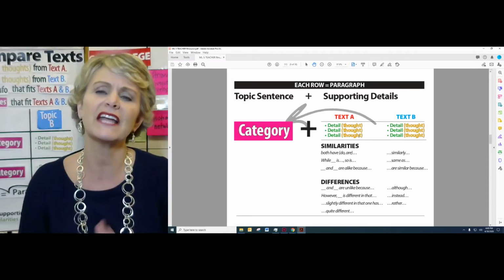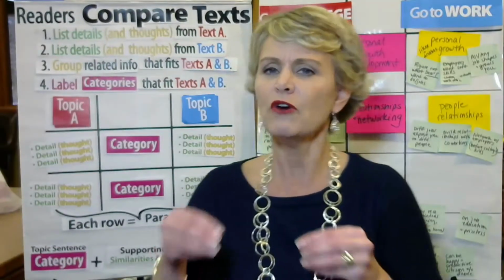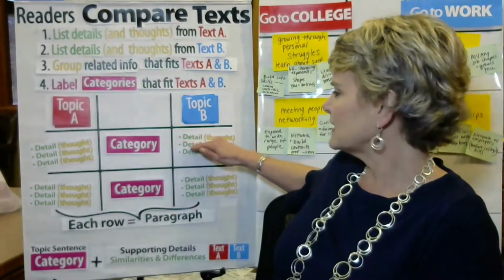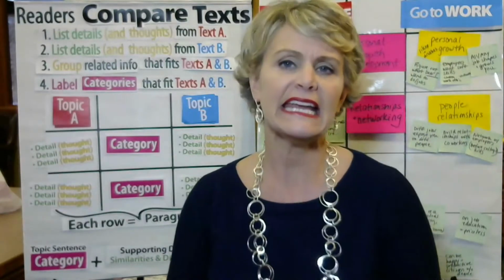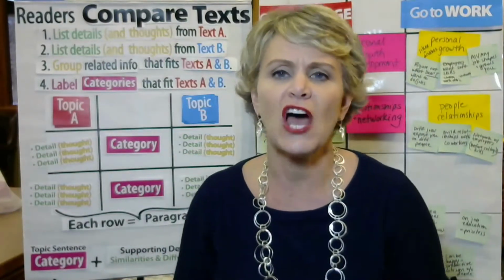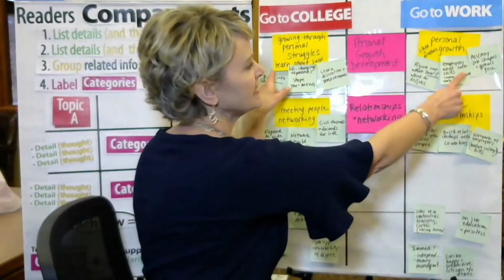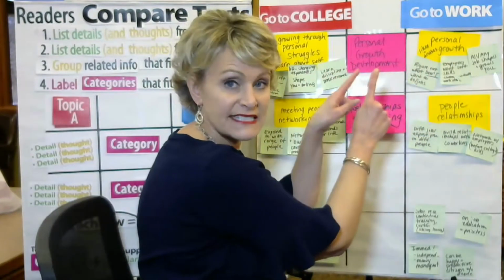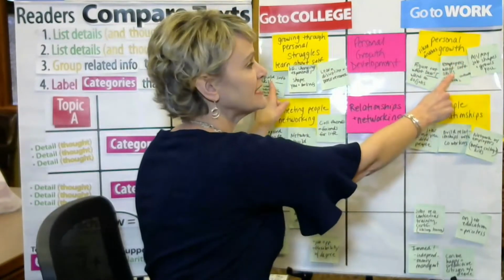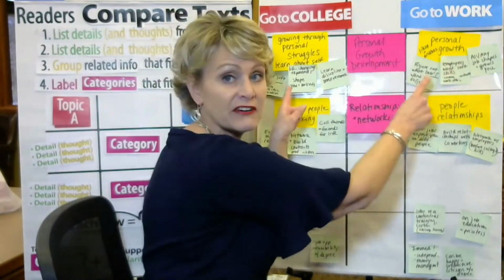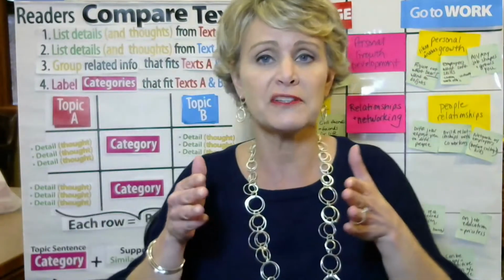Let's really fine tune the fact that you don't go from detail to detail in a paragraph and say, and so, and then. No. Because what the reader needs from you is, are you saying that these two details are the same or similar? Are you saying these two details for this category are very different? Your transition tells them that.